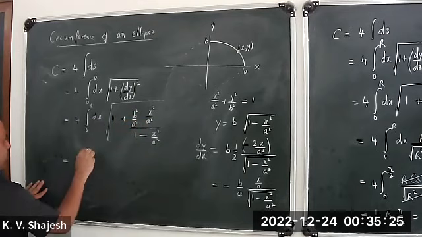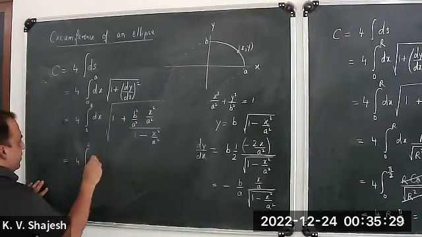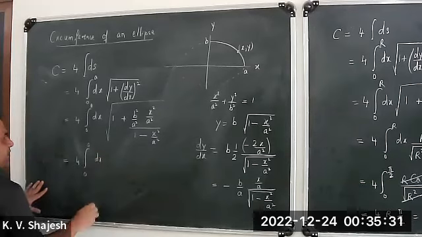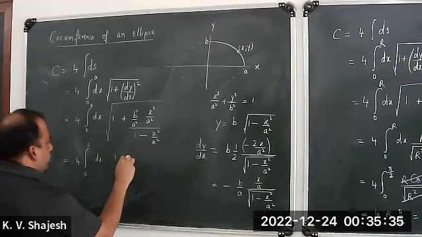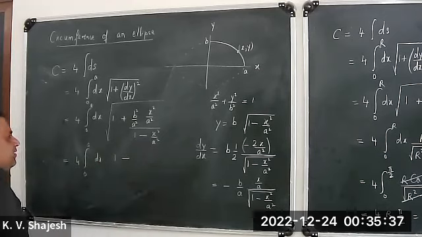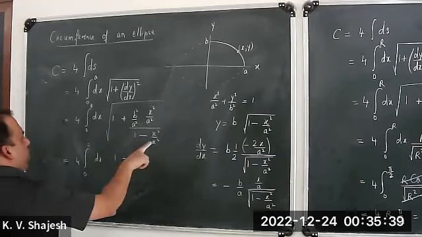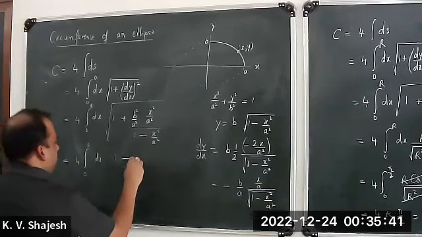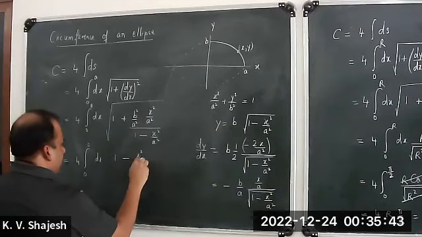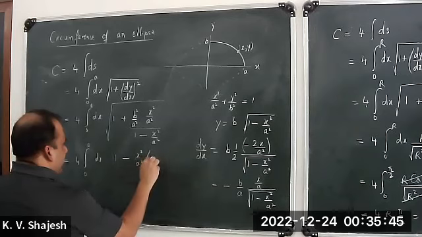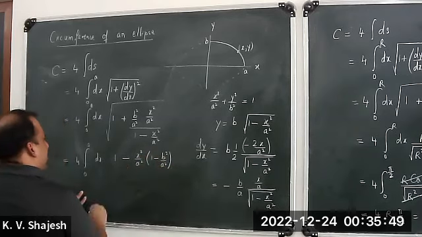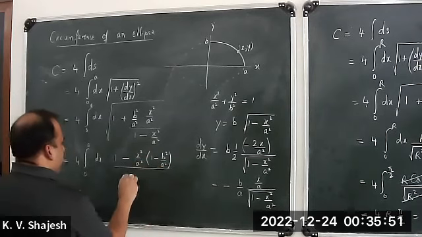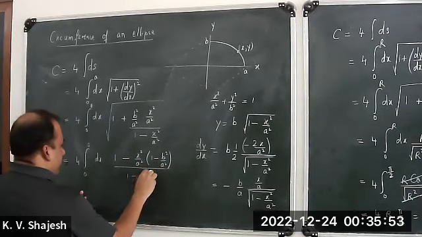So what we have is the integral from 0 to a of dx, and this can be written as 1 minus x square, a square is there in both places. So this is 1 minus b square over a square, divided by 1 minus x square over a square.